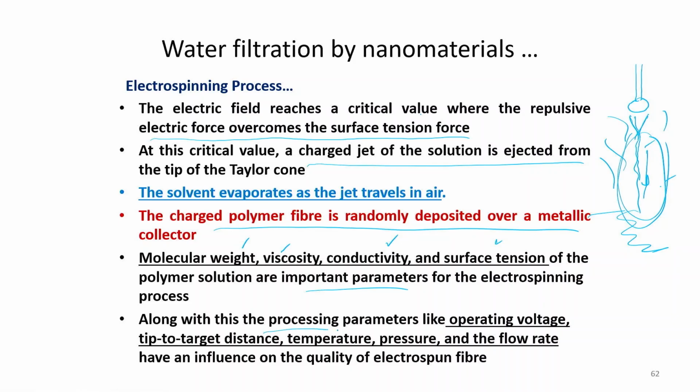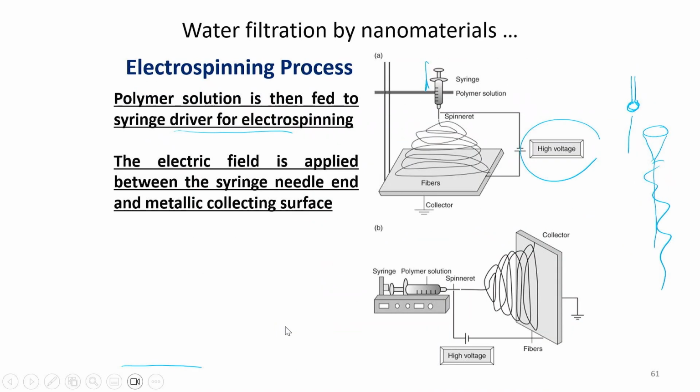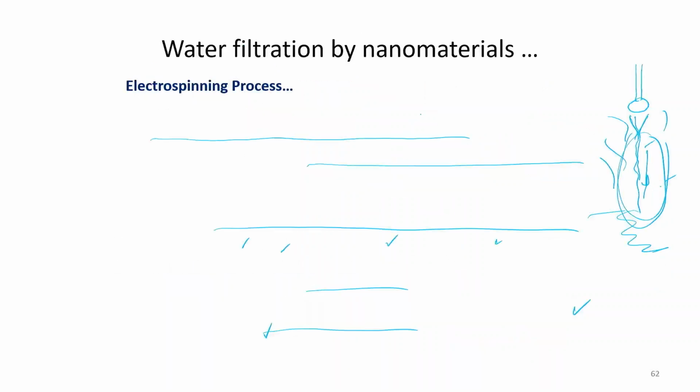Along with this, processing parameters like operating voltage and tip to target distance are important. Here you can see this is the distance, tip to target, and this distance is important. Here it is in the vertical orientation; we can also have electrospinning in horizontal orientation. The process will be the same.